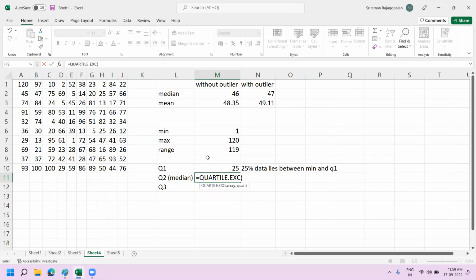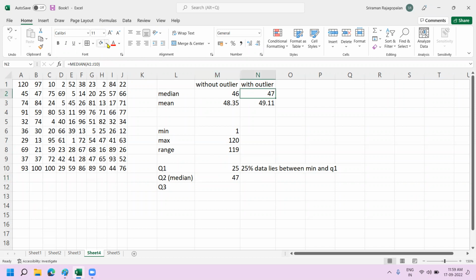So take the same data. This is A1 and it is J10, 2. Okay. So the value is 47. Now look at this value here, 47, right at the top. What is it? And look at this value.